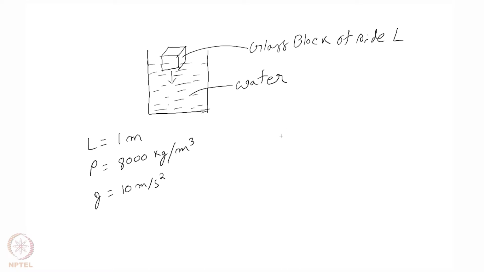Now another important thing is that whenever some block or object is submerged or dipped into water or any kind of liquid, then there is a buoyancy force which tries to push it up, but in this case we will neglect buoyancy.